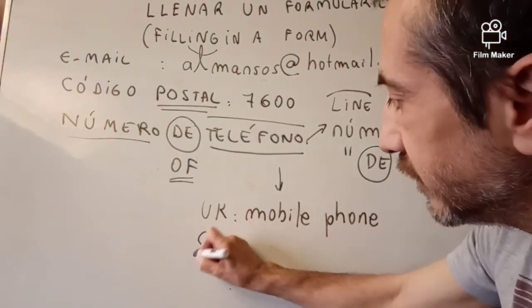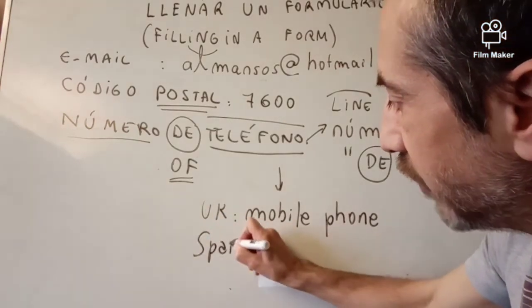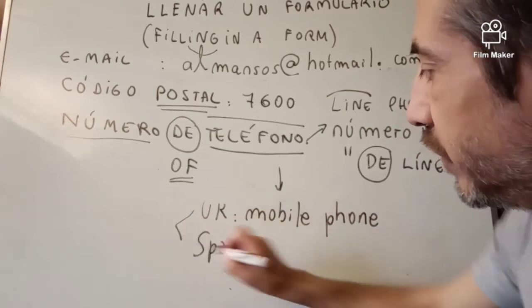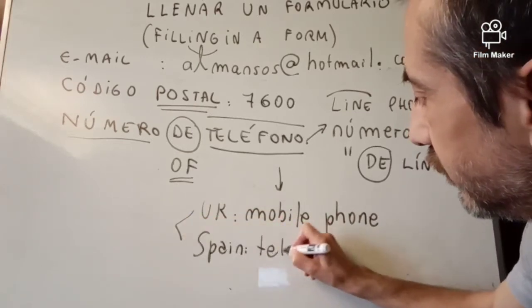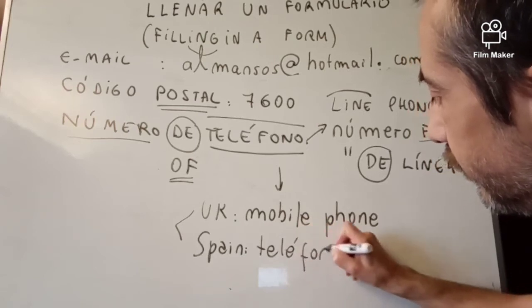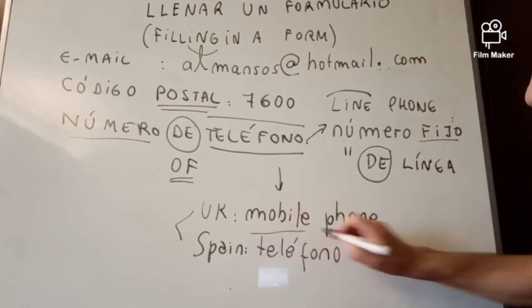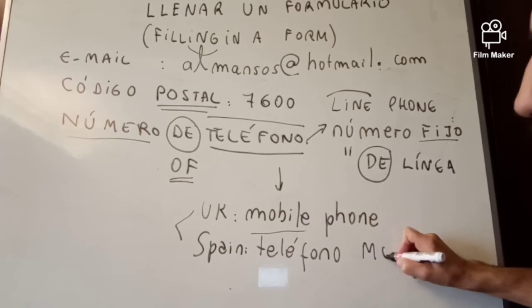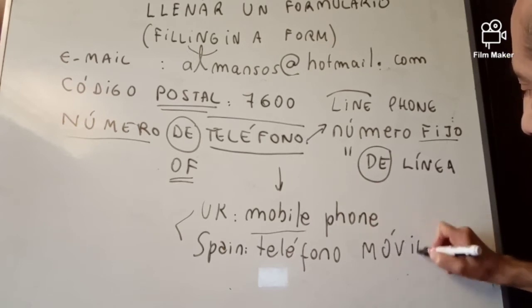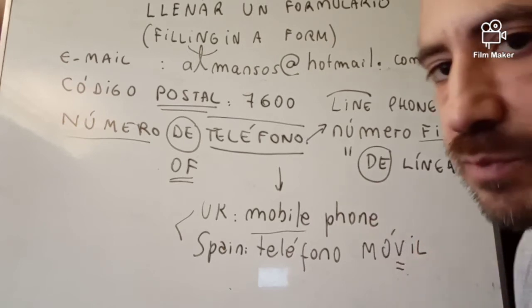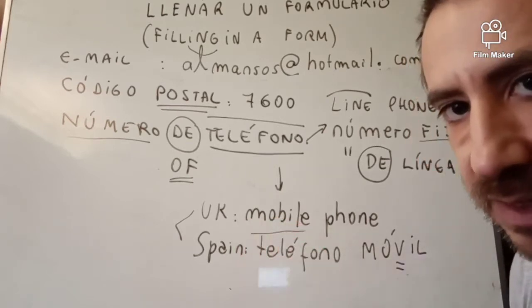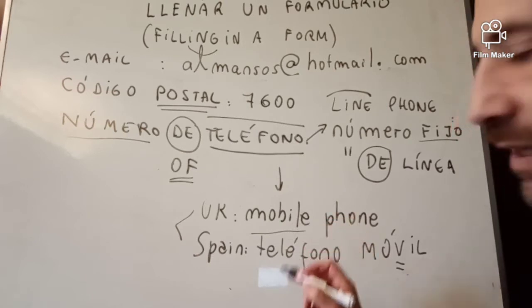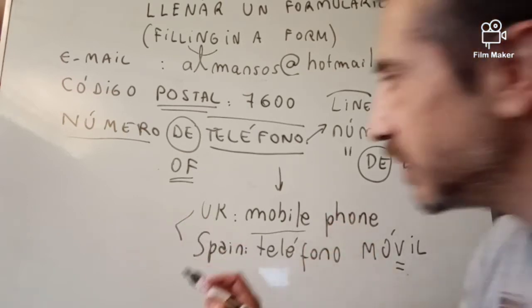In Spain, I mean both are in Europe, teléfono, and the same, móvil. In Spanish it's with this V, we say móvil, but the words are similar, teléfono móvil. And, well, I'm going to write it here.